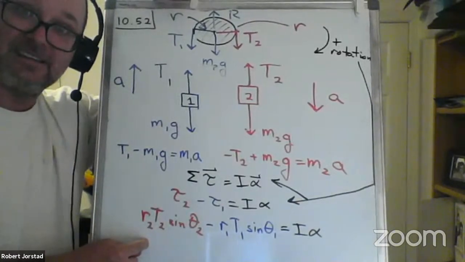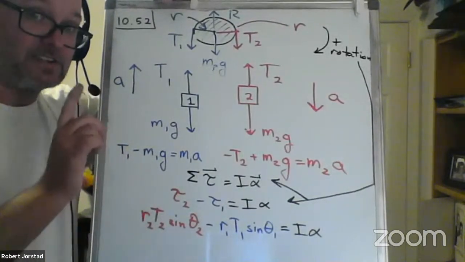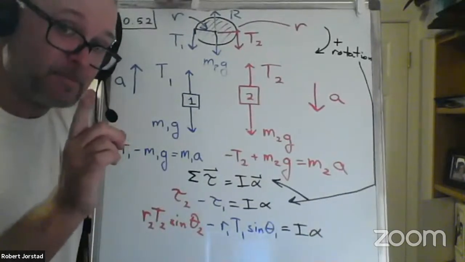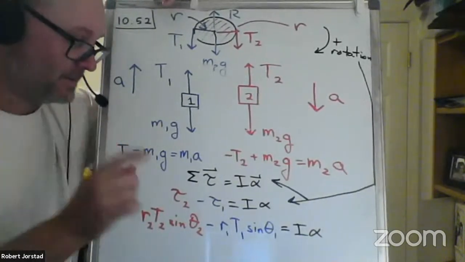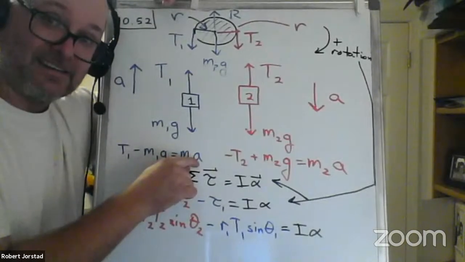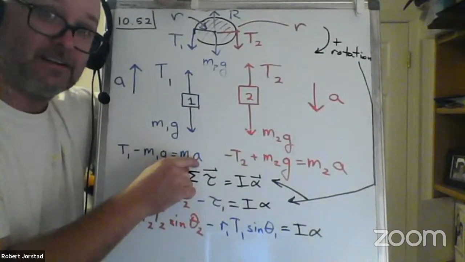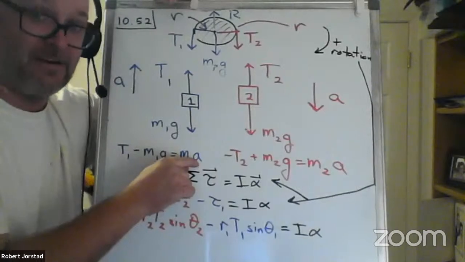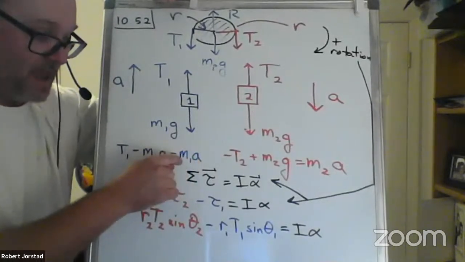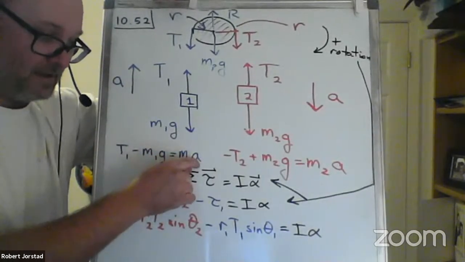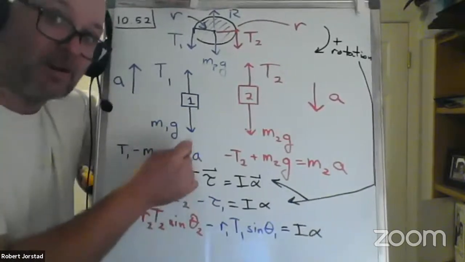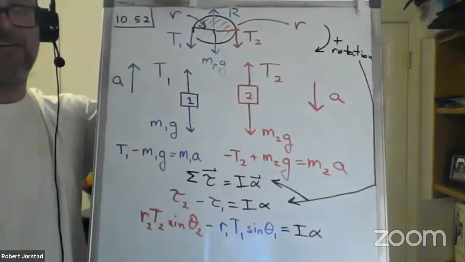Do you see it? Now, when you do that, this is the part I want you to pay attention to. A is not your alpha, it's R alpha. So you could change this to M R alpha times R, you get an MR squared alpha.